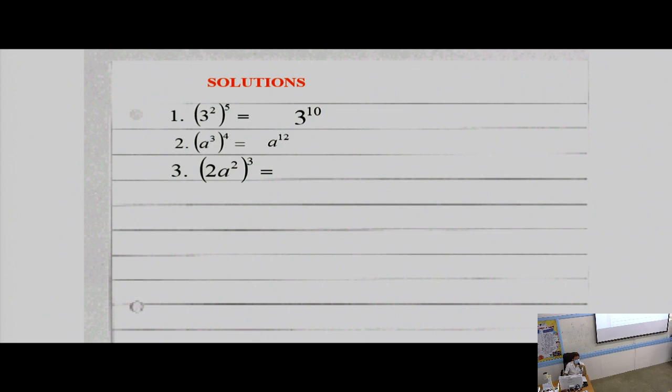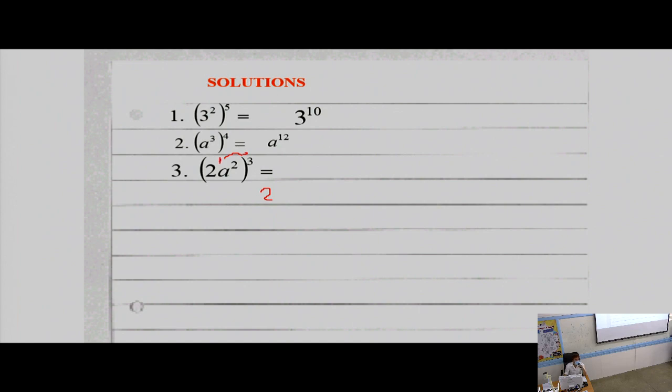Two. Again, what will happen? This is power 1, right? What will be the answer? 2 to the power of 1 to the power of 3. What is the answer? We have 2 here. Product.